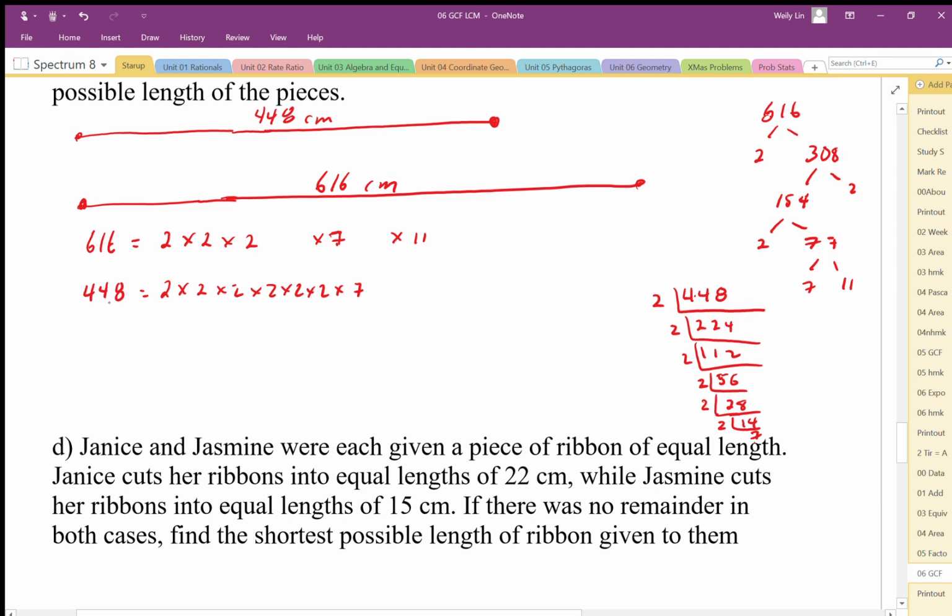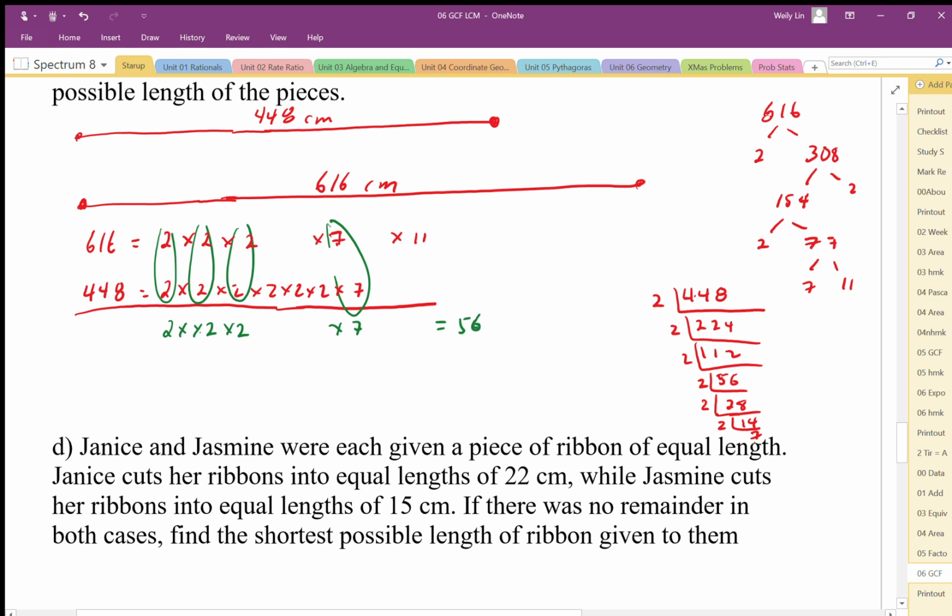So the greatest common factor of these is three 2's and one 7. So we have 2 times 2 times 2 times 7, which is 56.